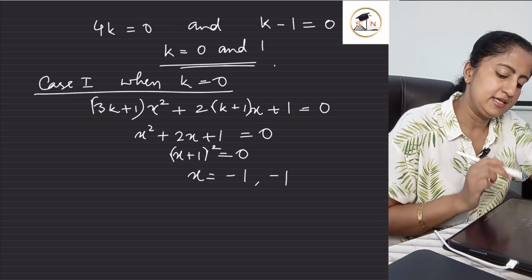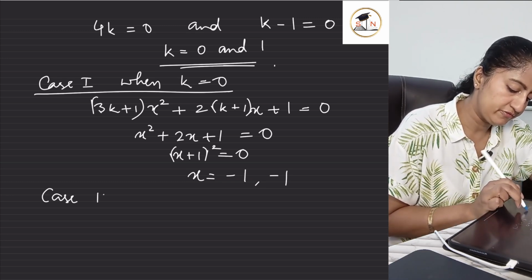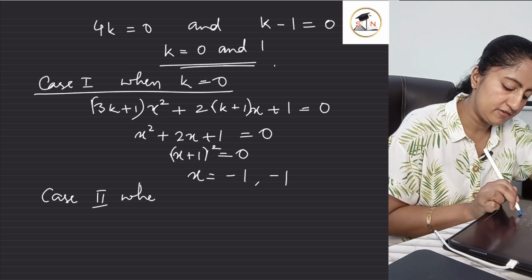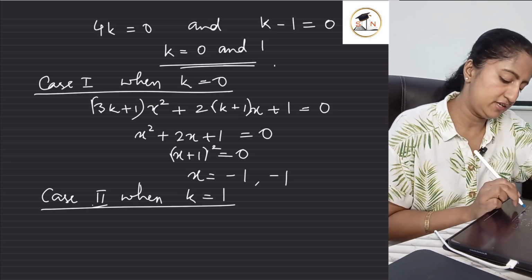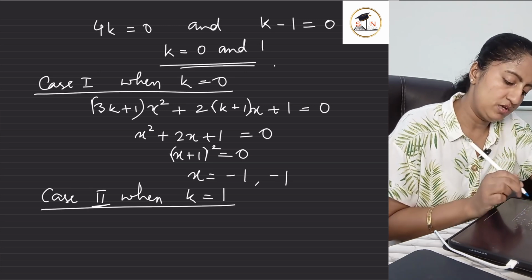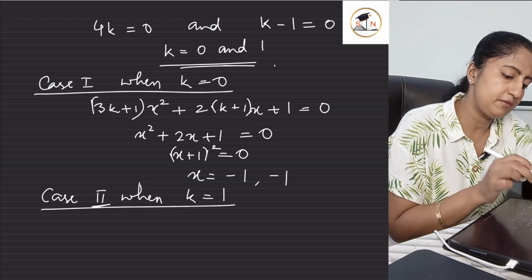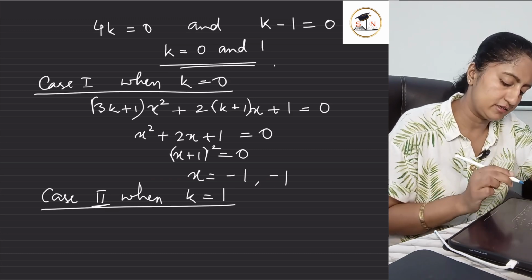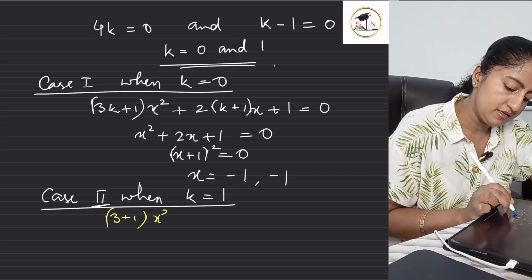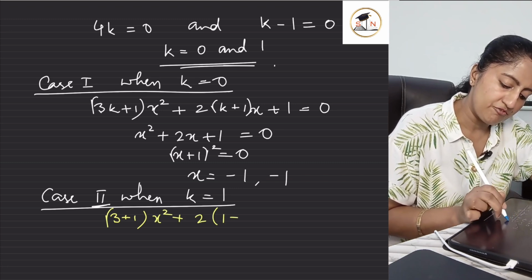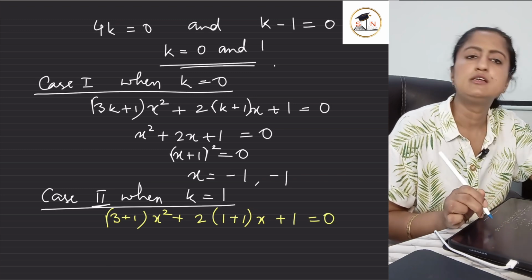Now, similarly, starting with case 2, when k is 1. I have the equation in front of me on the screen, I will plug in the values directly. So we get 3 plus 1 x square plus 2 times 1 plus 1 x plus 1 equals 0.